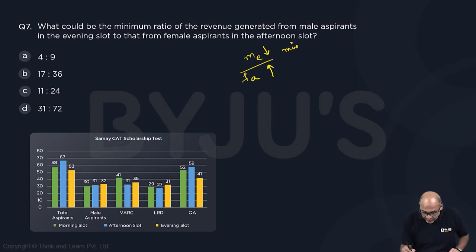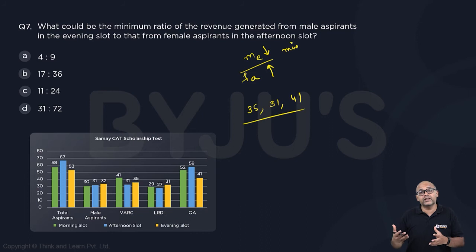So in the evening, you can see 35, 31 and 41. These are the 3 numbers where the sectional cutoffs are cleared. So what are the maximum males that you can have? You can have 31 of them clearing all 3 sections. Now males are 32 in the evening, out of which 31 are clearing all 3 sections, and that one person is not able to clear all 3 sectional cutoffs.